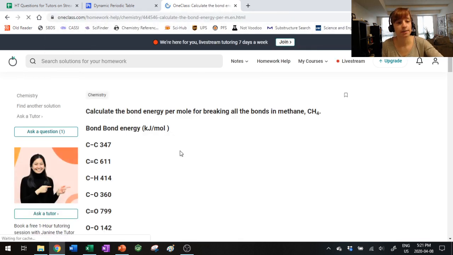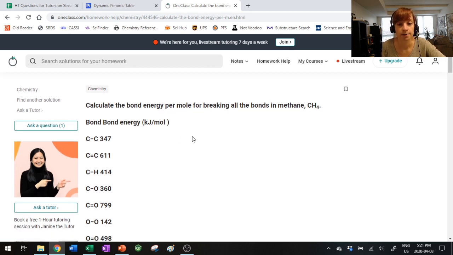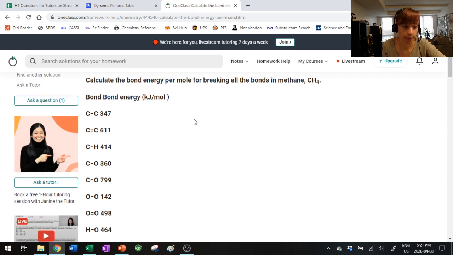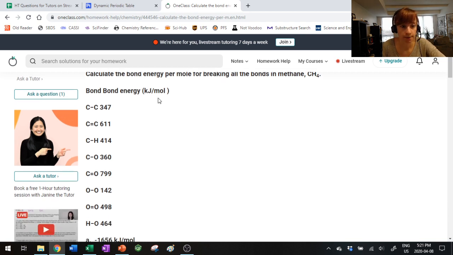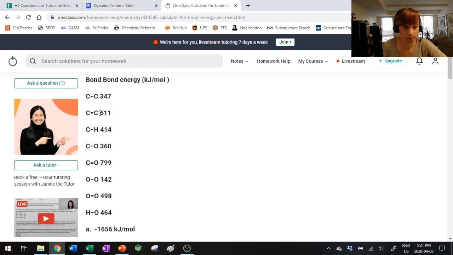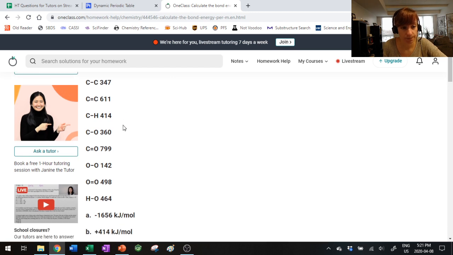Okay. So it asks to calculate the bond energy per mole for breaking all the bonds in methane, which is CH4. The question gives you a list of the bond energies in kilojoules per mole. These are measured values. These never change. To break a carbon-carbon bond would cost you 347 kilojoules per mole. Carbon-carbon double bond is 611.